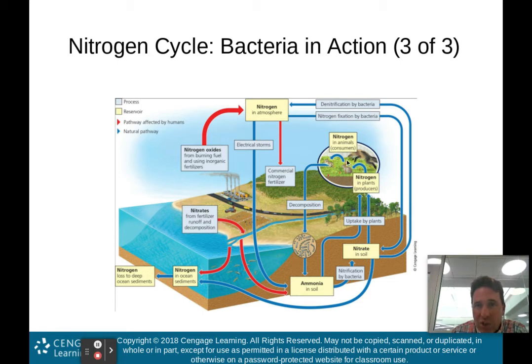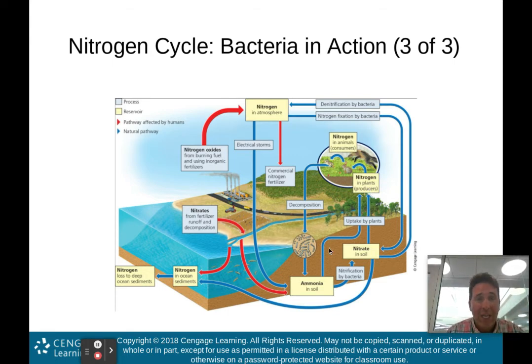Okay, nitrogen in animals, consumers. Again, where do they go? The decomposers will use that. That will go back into the soil, and then there's your nitrification by bacteria, which creates ammonia to nitrates, which the bacteria can use, or plants can use. Uptake by plants, to use as nutrients.